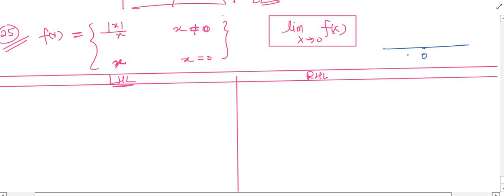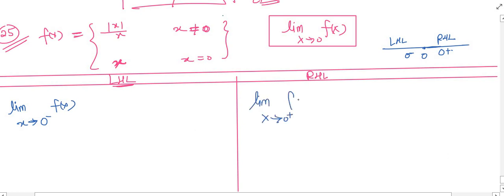So what is LHL? It is 0 minus. And RHL means a little bit more than 0. LHL is written as limit x tending to 0 minus of f(x), and RHL is limit x tending to 0 plus of f(x).